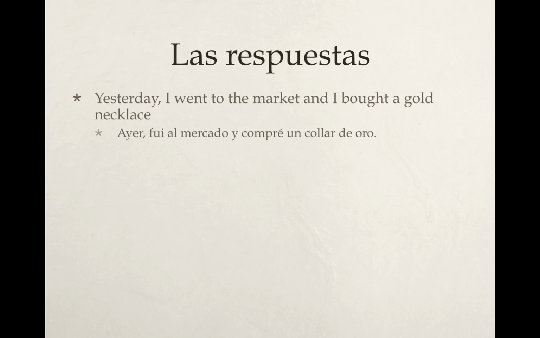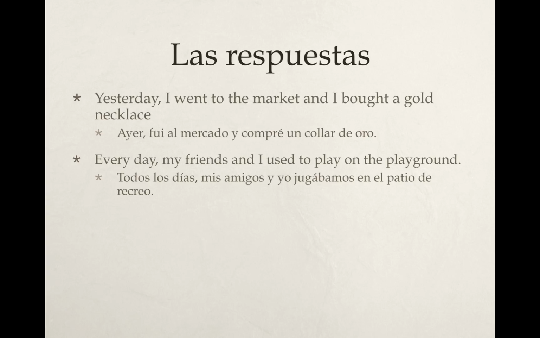Some examples that you can see with those keywords, if you wanted to say, yesterday I went to the market and I bought a gold necklace, two conjugated verbs, yo fui and compré, because we have our keyword ayer in the sentence. Every day, todos los días, is going to be a keyword for the imperfect tense. Cada día, todos los días, each day, every day, same thing.